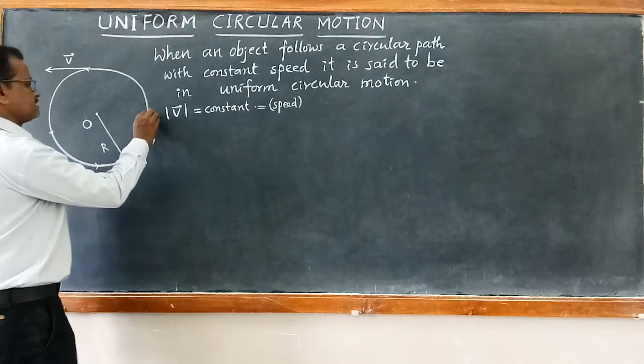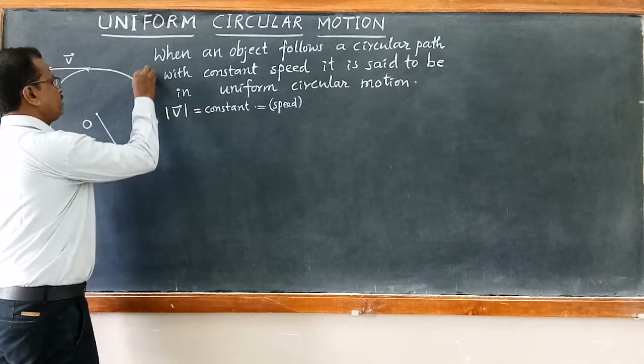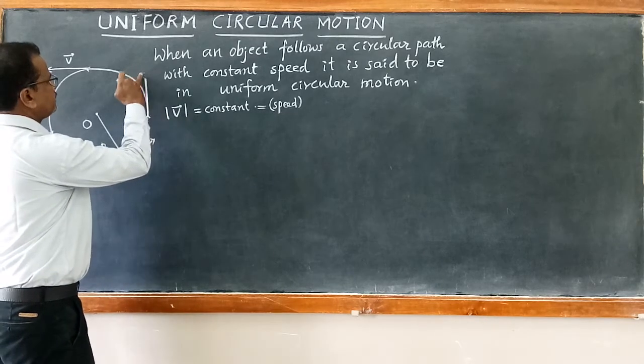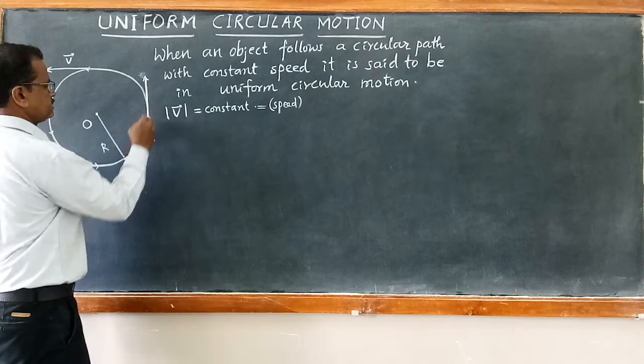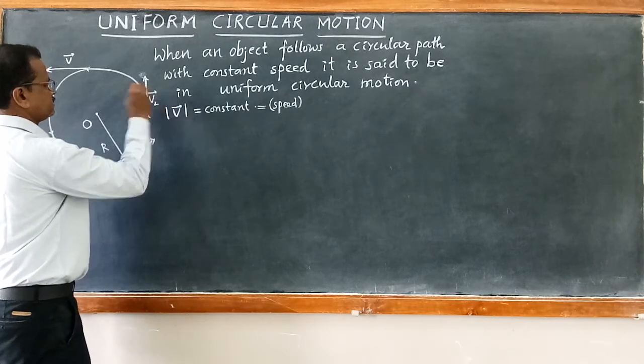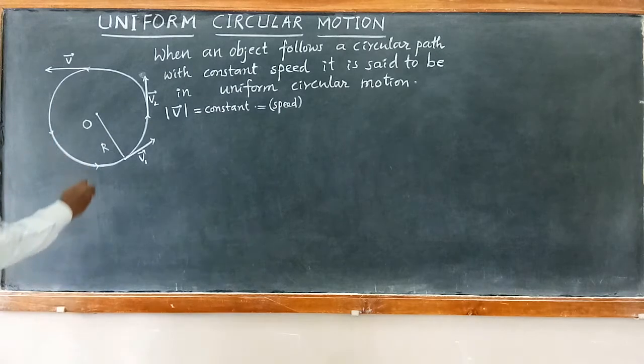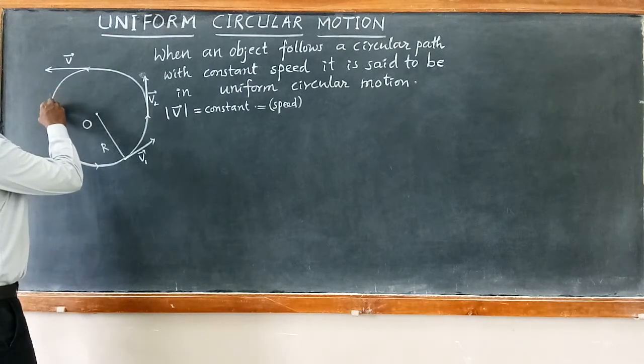Similarly, when the particle has reached another point, the tangent gives the velocity at that point. So this velocity will be different from this velocity, although the magnitudes of all these velocities are the same.